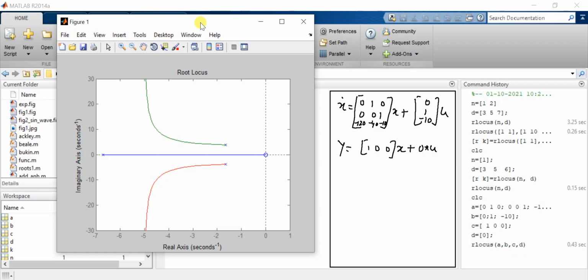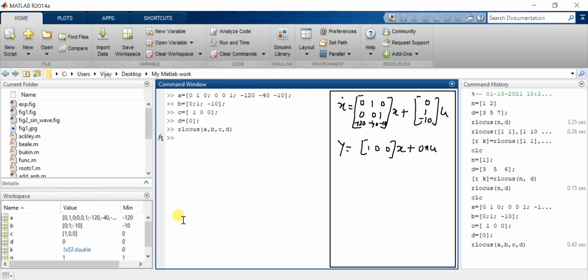And if you want to check the roots and the value of gain k, you can simply write [r, k] equal to rlocus, passing all these matrices to this function.